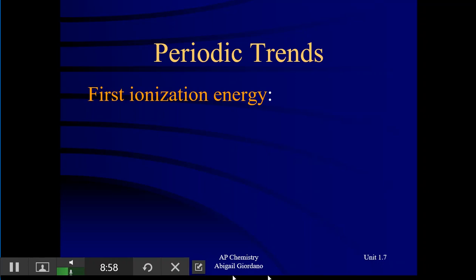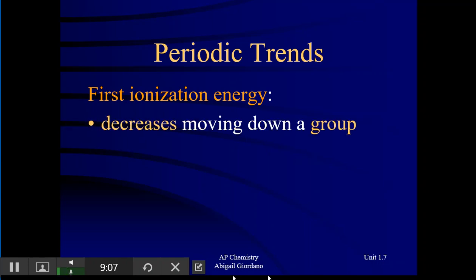As I move down, is it easier to take a valence electron or more difficult? It's going to be easier. So ionization energy will decrease as you move down a group. And the reason is the same as all the other trends, because the effective nuclear charge is weakening because of additional filled energy levels.